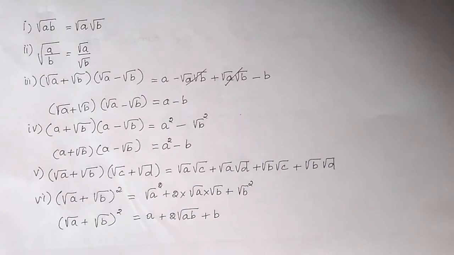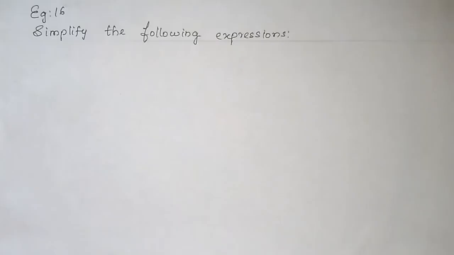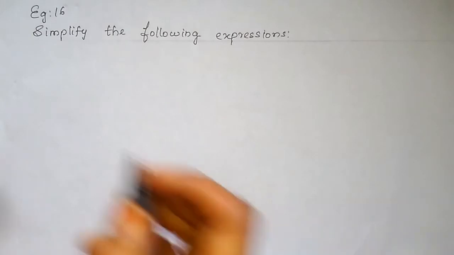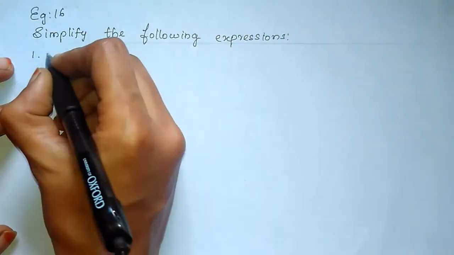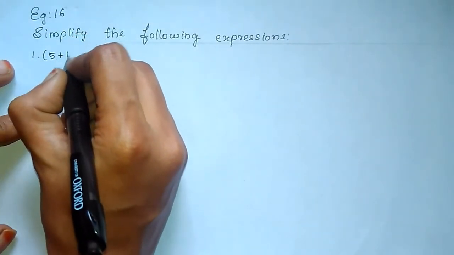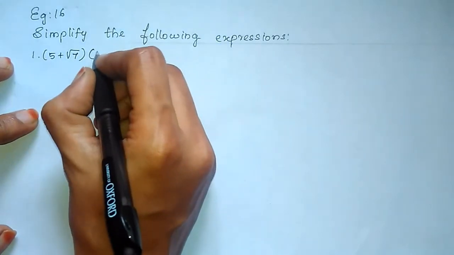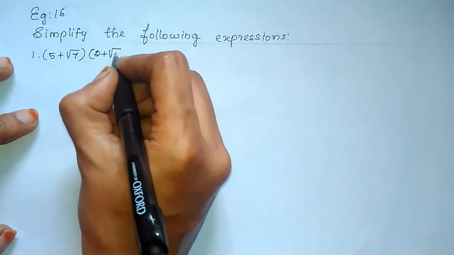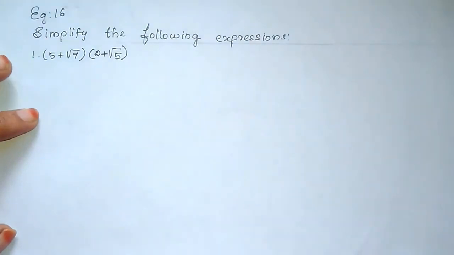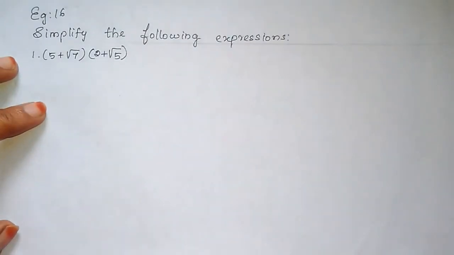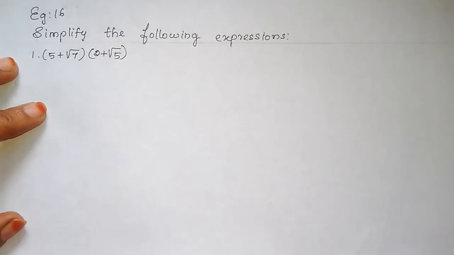Example 16. Simplify the following expressions. The first one is 5 plus root 7 into 2 plus root 5. Here we can apply the fifth identity. Actually the fifth identity is normal multiplication.